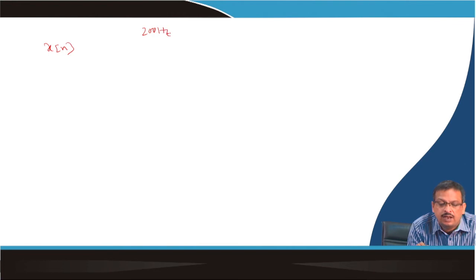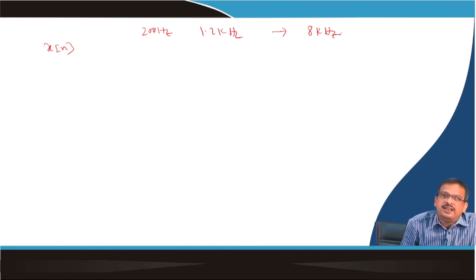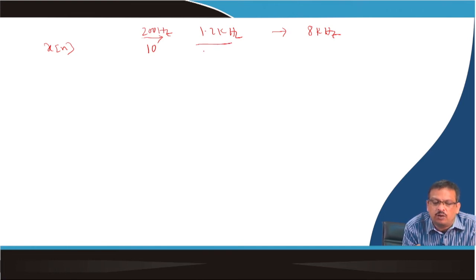Generate a signal x of n which has frequency components 200 Hz and 1.2 kilohertz with a sampling frequency 8 kilohertz. First you write a program to generate a signal xn which has two components, 200 Hz with amplitude 10 and 1.2 kilohertz, let's say amplitude 20.